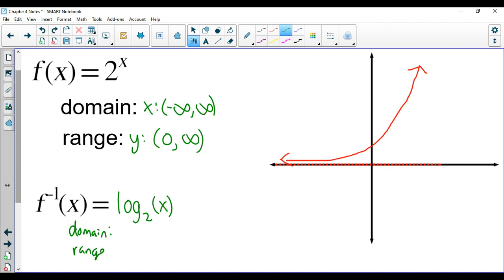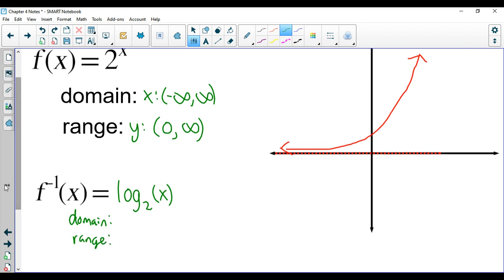Because what did we know about domain and range for inverses? Right, the domain becomes the range and the range becomes the domain. So the domain of f of x is going to be the range of the inverse, and the range for the original becomes our domain.